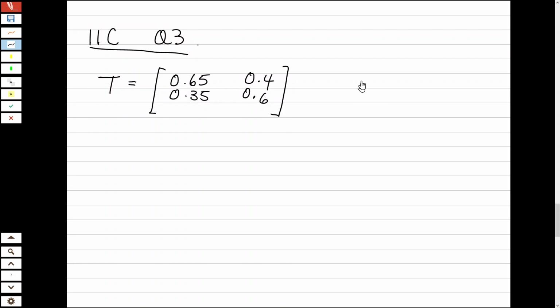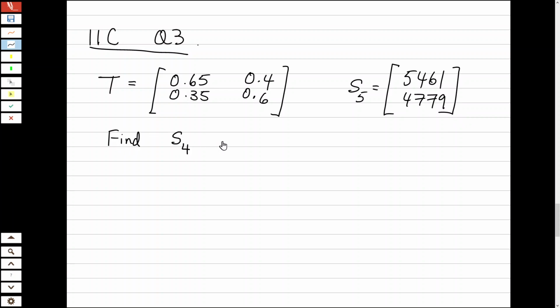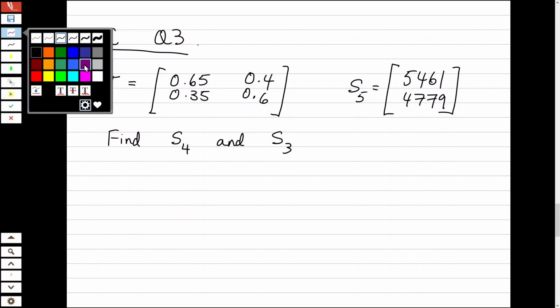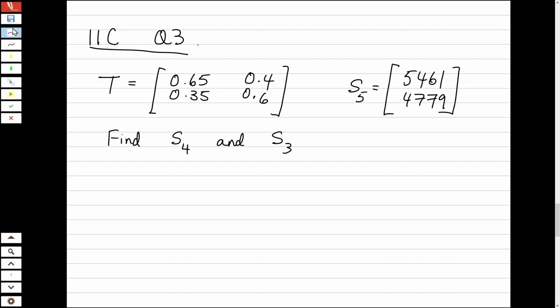And we are told that S5 equals 5461, 4779, and your task is to find S4 and S3. Can anyone tell me how this question is different from the one that we just did previously? What was that, Tom? Going backwards. Well observed.